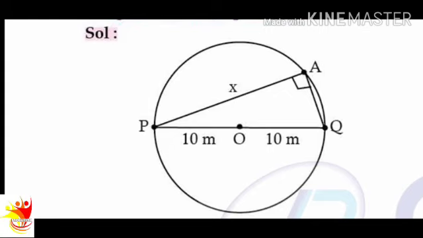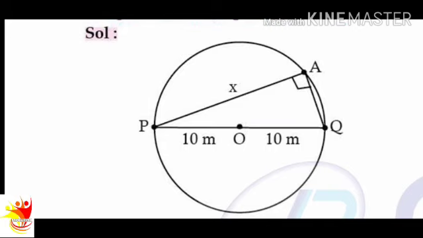First we draw a circular boundary. Now here A is the pole. P and Q are the diametrically opposite gates. That is, the distance PQ is 20 meter.